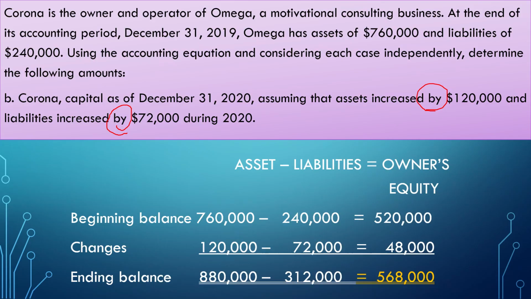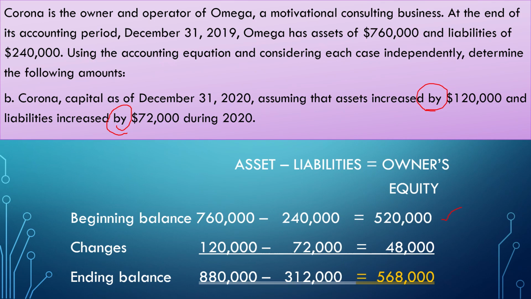So we can conveniently compute this using the equation: assets minus liabilities equals owner's equity. From what we computed in letter A, the owner's equity was 520, right?